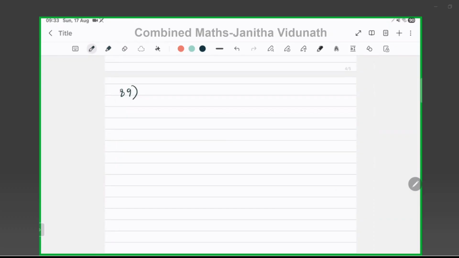Now I will solve the 89th question. It is 6 times m to the power 6 minus 19 m to the power 3 times n to the power 3 minus 7 times n to the power 6.